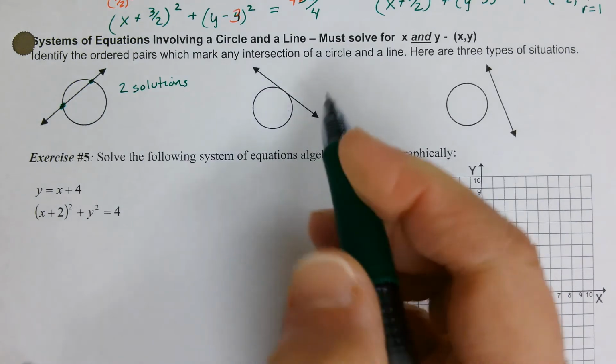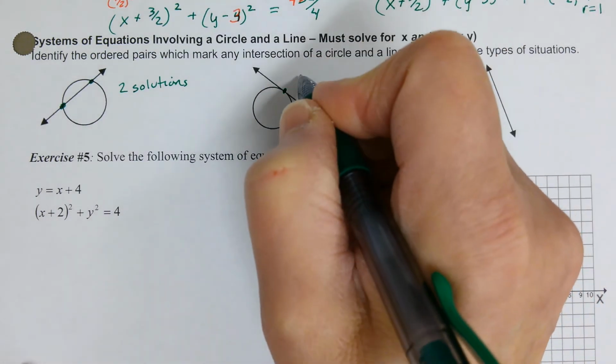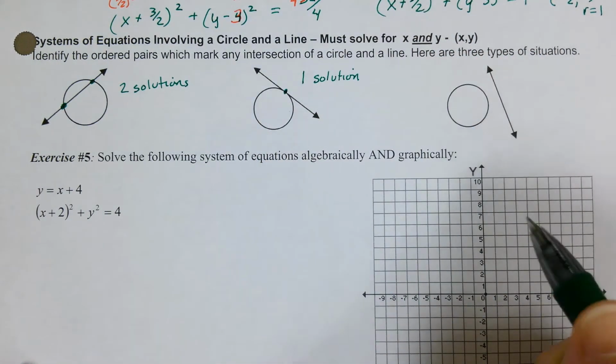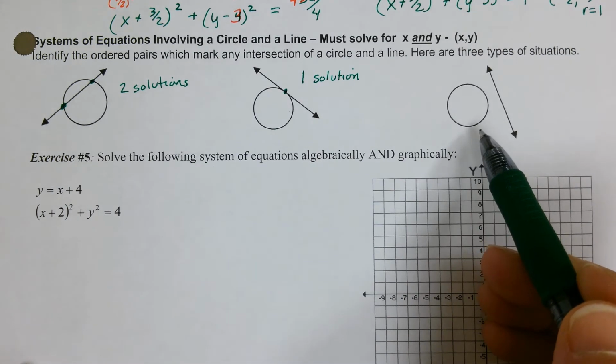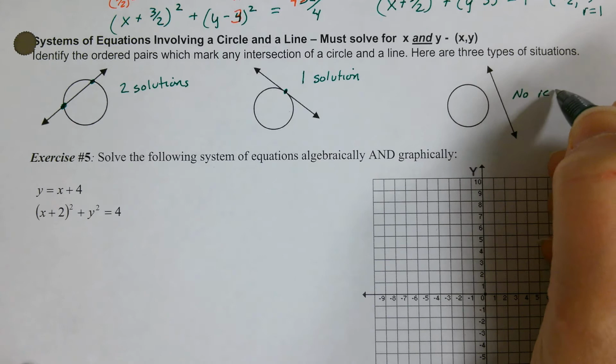The line could be tangent to the circle and intersect at 1 point, having 1 solution. Or your line and circle may not intersect at all, in which case there are no real solutions.